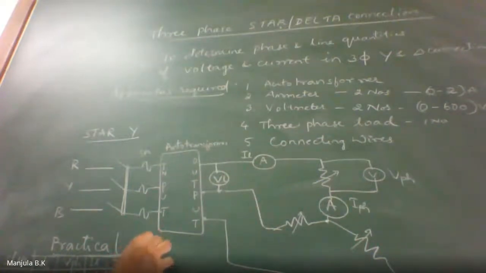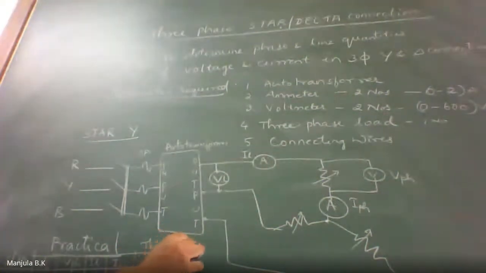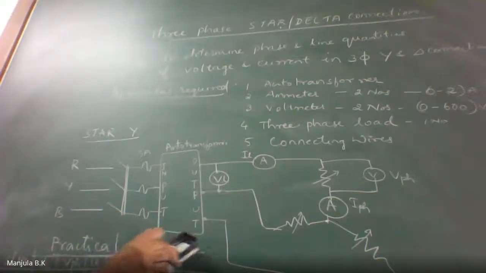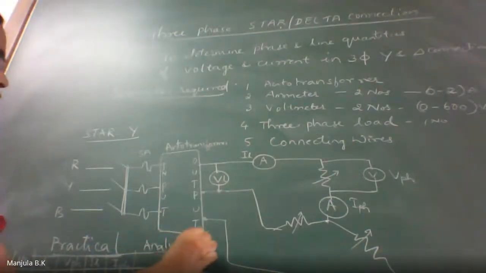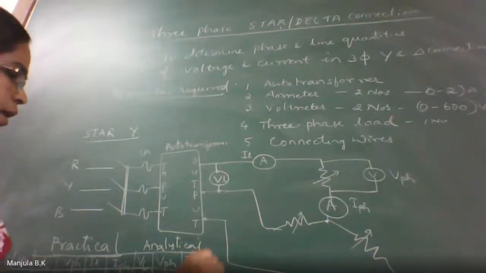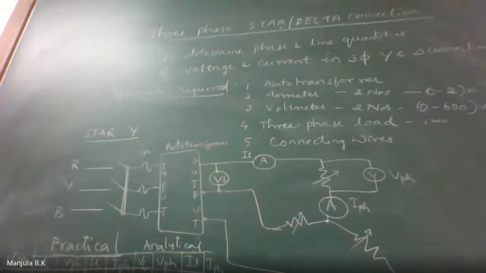Theoretical values we need to calculate, or we call it analytical values. We'll also have 4 columns: VL, V phase, IL, I phase. So this is the tabular column.